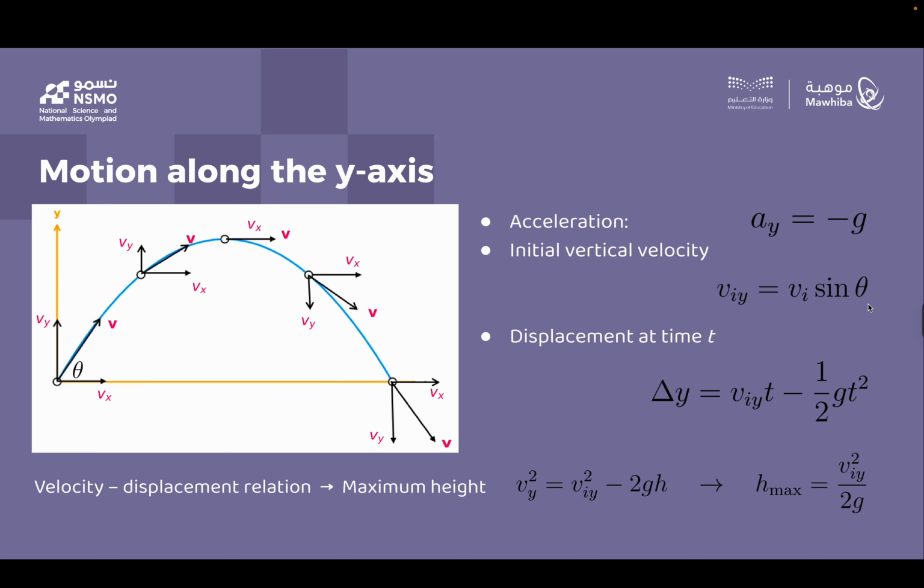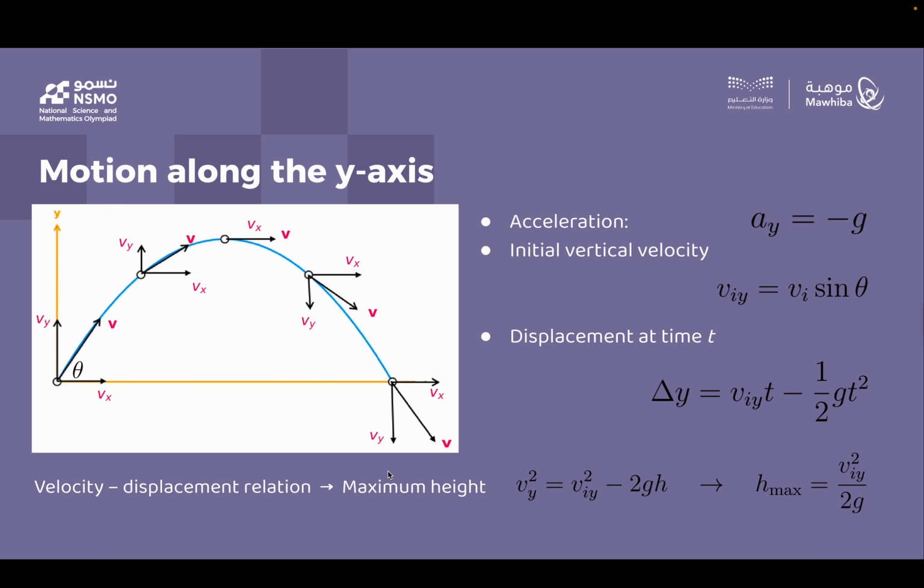Remember that we took the cosine of the launch angle theta for the horizontal component, and now we take the sine. The displacement as a function of time can be given using the formula for motion with constant acceleration. So delta y equals Viy times t minus 1/2 g t squared.